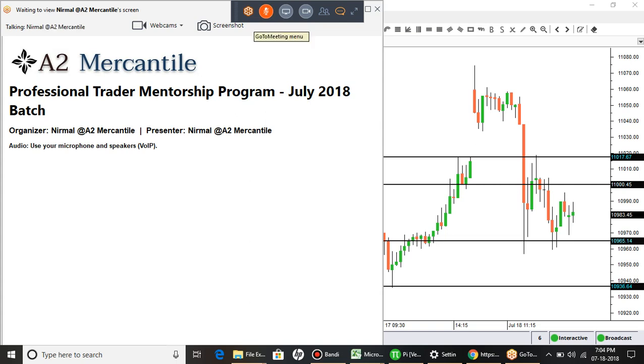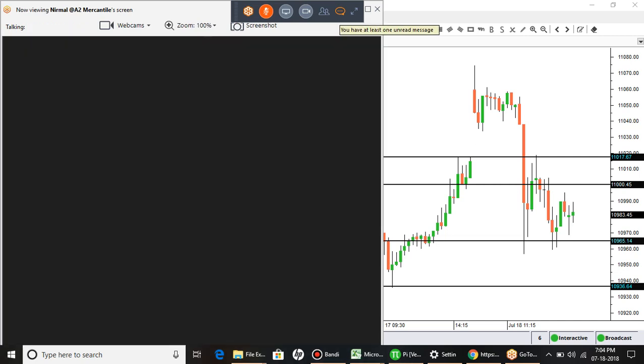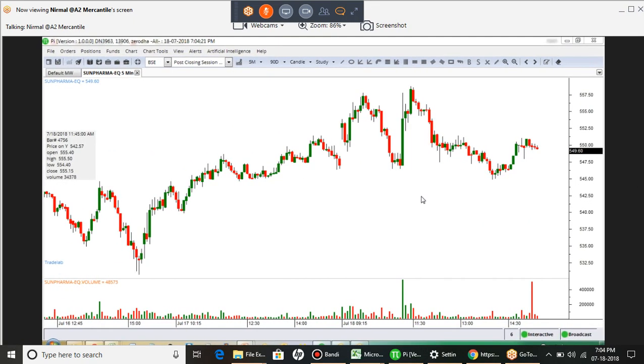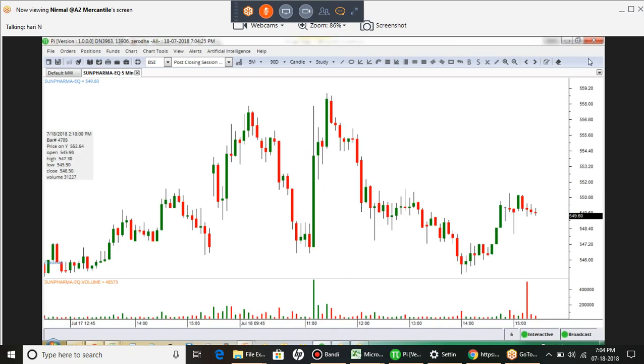So this is Sun Pharma, traded today. Now, can't see your screen? Sorry. Okay. You can see Sun Pharma now. Good. All right. So let's look at Sun Pharma.